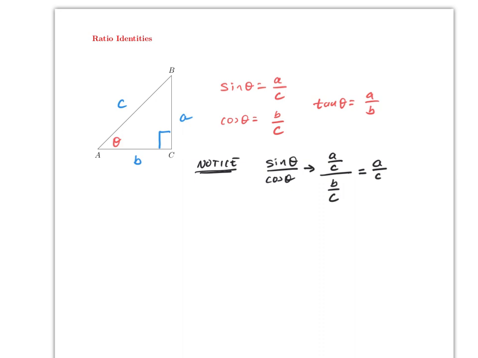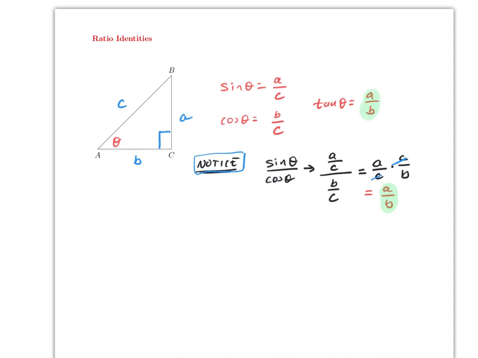So this should be A over C times C over B. And notice that this cancels. So this is important, notice this. And from here, you can see that this equals A over B. But A over B is exactly the definition of tangent.